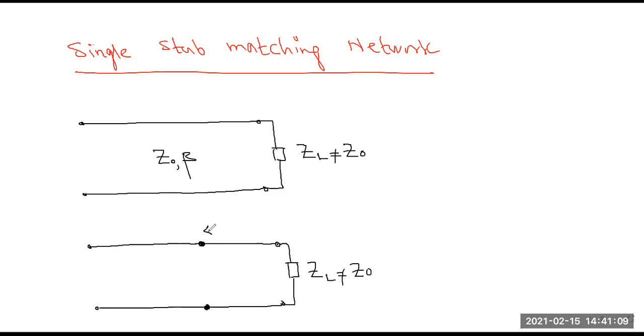We will find out what is the role of this parameter, but let me represent it with this notation D. This D is the distance at which you will connect the stub from the load position.